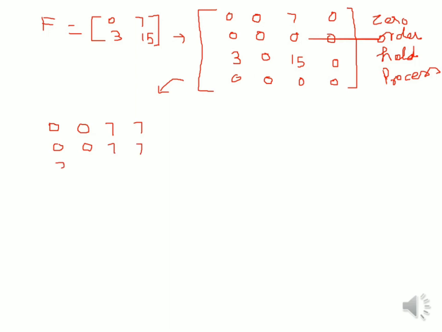Then third row 3, 3, 15, 15, again 3, 3, and 15, 15. So this is being generated from the given image.